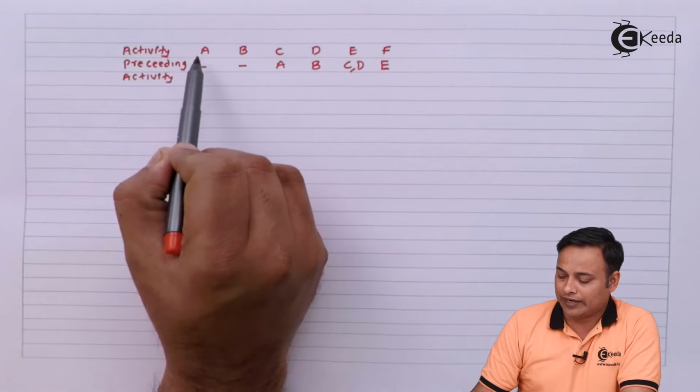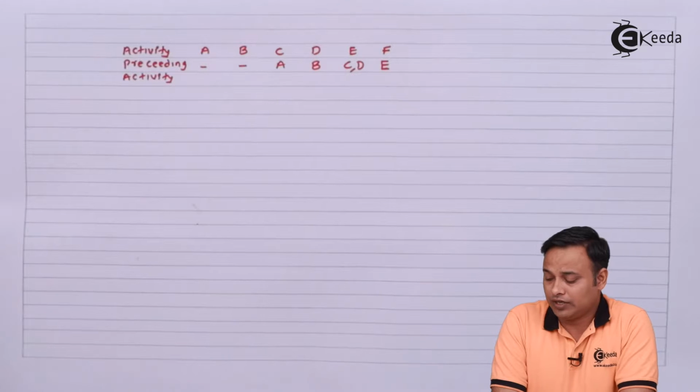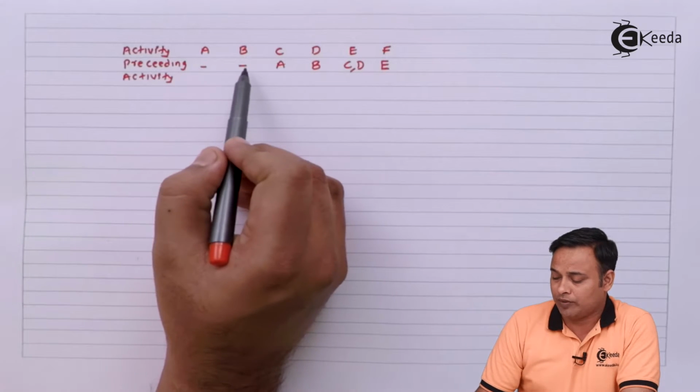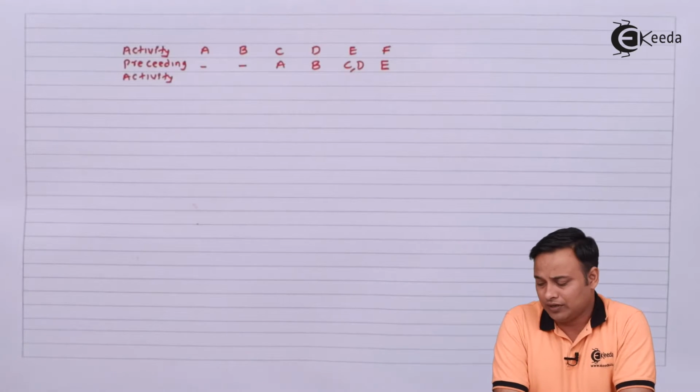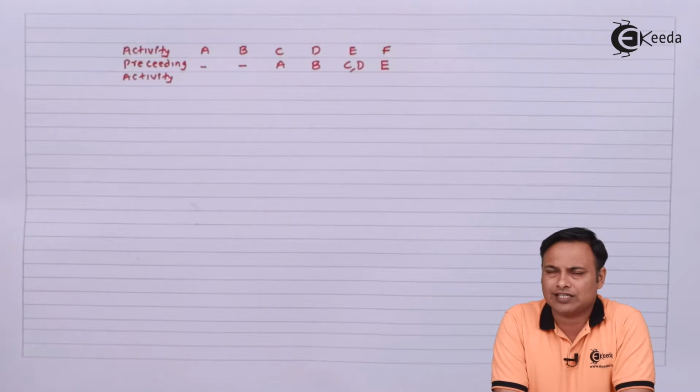In the question we have activity A and B, against which there is no preceding activity, which means there is no one before A and B in the queue to start the project.